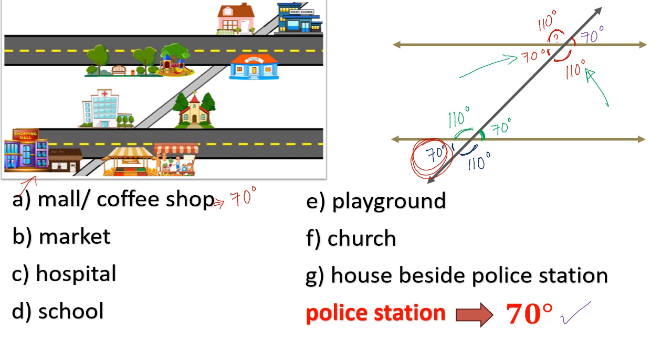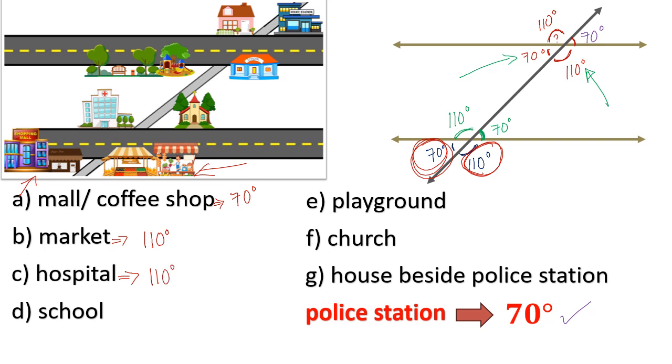All right. Now for our market, where's the market? This portion, that would be 110 degrees. Next, we have the hospital, which is vertical to the market. That would be 110 degrees as well.